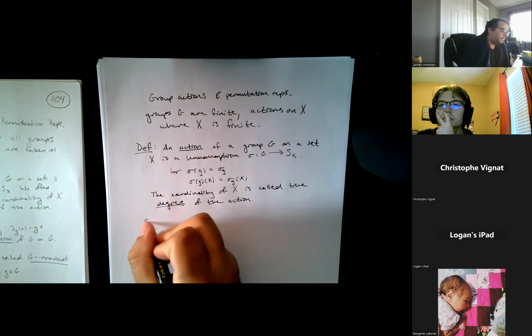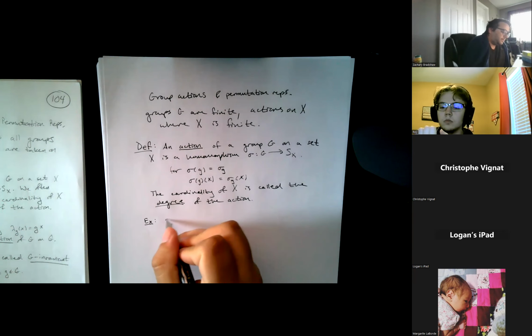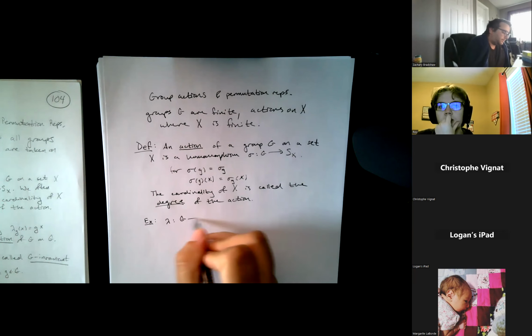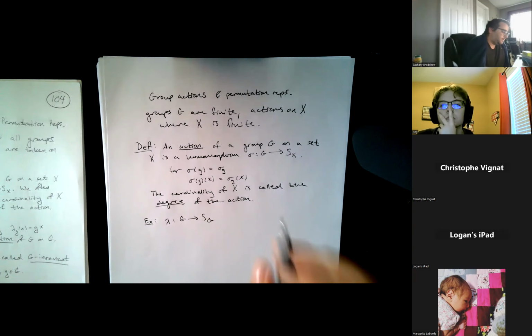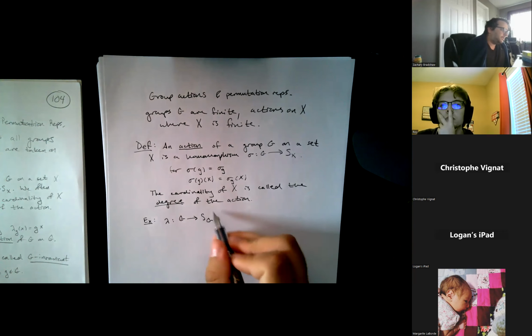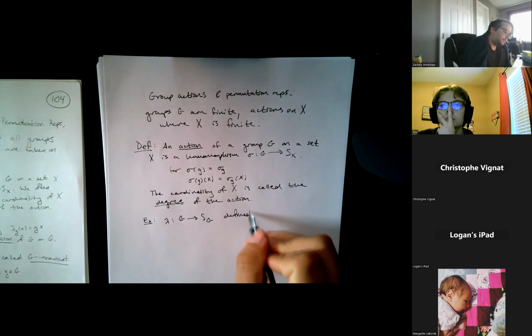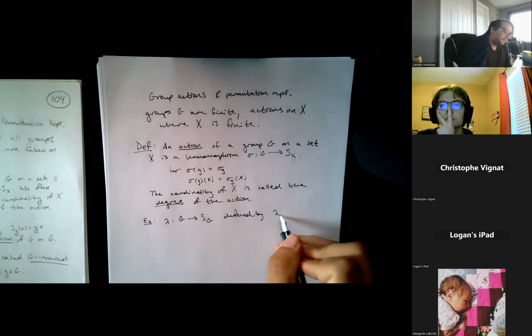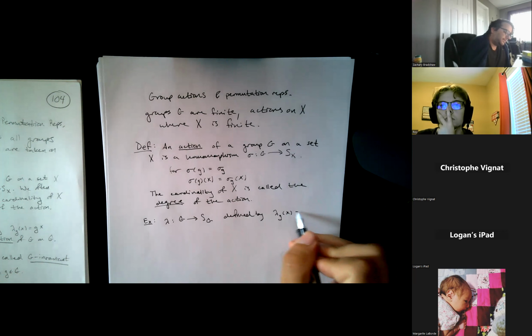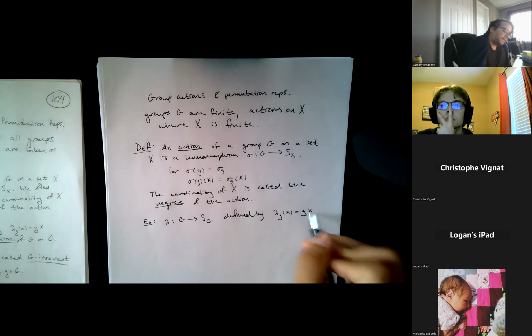So here's an example. We take lambda from G to the set of all bijections on G, defined by lambda G of X is G times X, right?